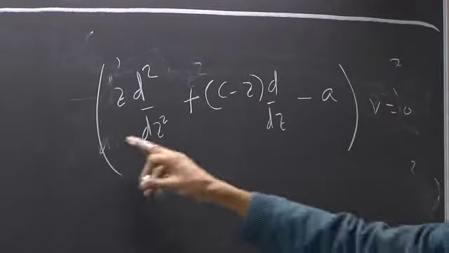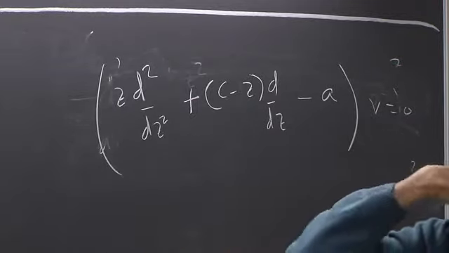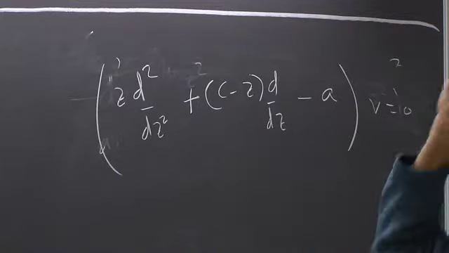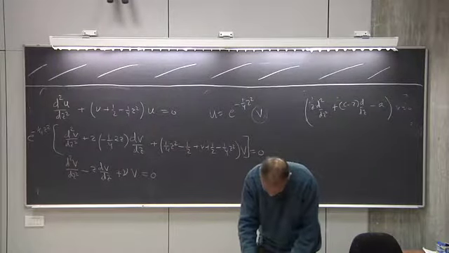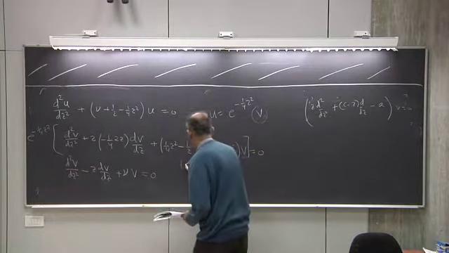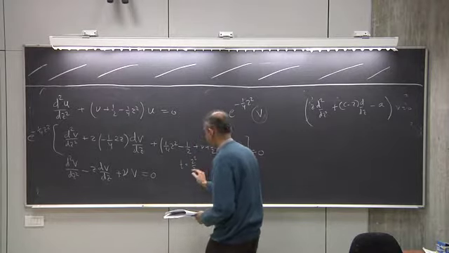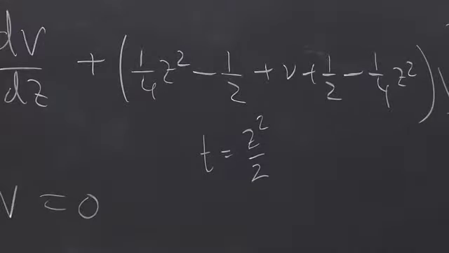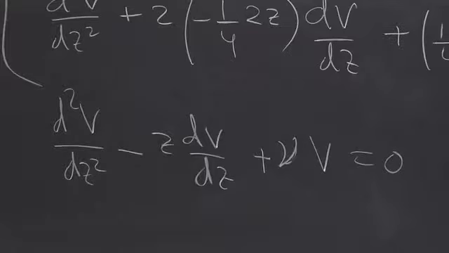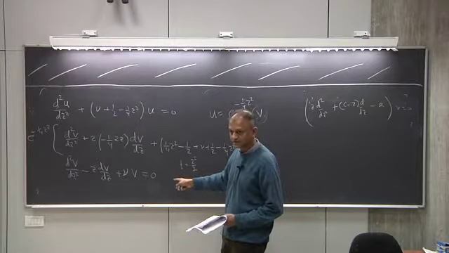That doesn't look like this equation. But you can actually map it to this equation by defining a variable t equal to z squared by 2, and rewriting all of this equation in terms of t. So instead of z, we write it in terms of t.